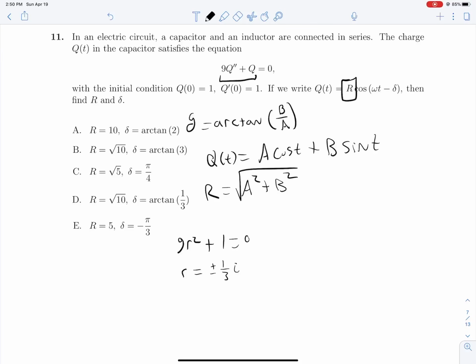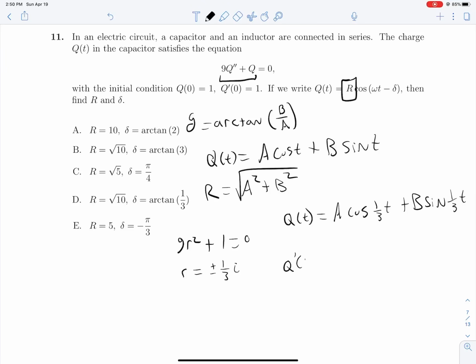We can go plug that in to Q of t. So Q of t is equal to C1, and I'll use A and B actually, A cosine 1/3 t plus B sine 1/3 t.